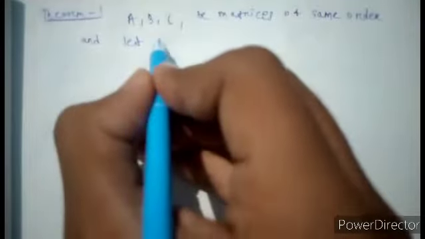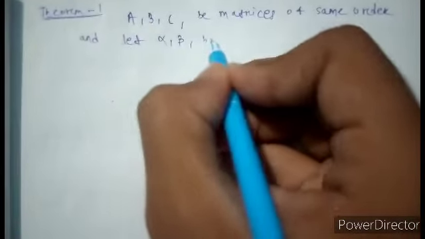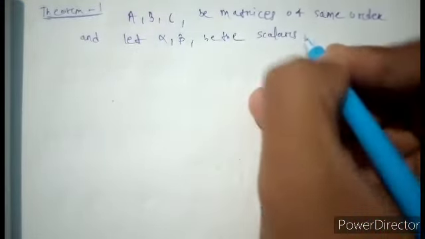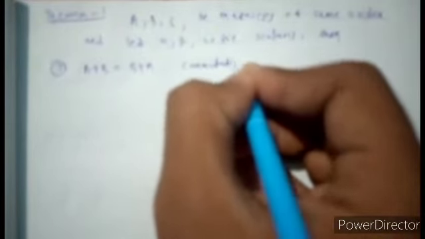Theorem 1. If A, B, C are matrices of the same order and let alpha, beta be scalars, then the first theorem says A plus B is equal to B plus A, which is the commutative law.